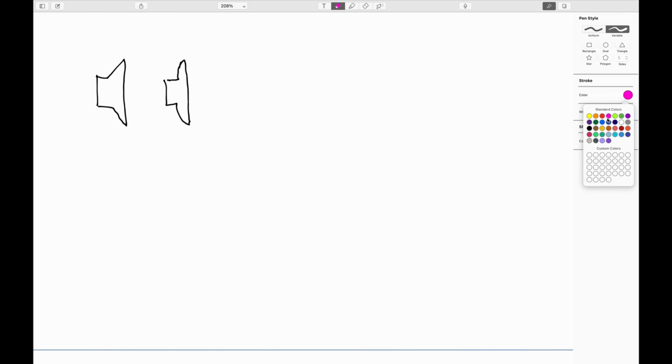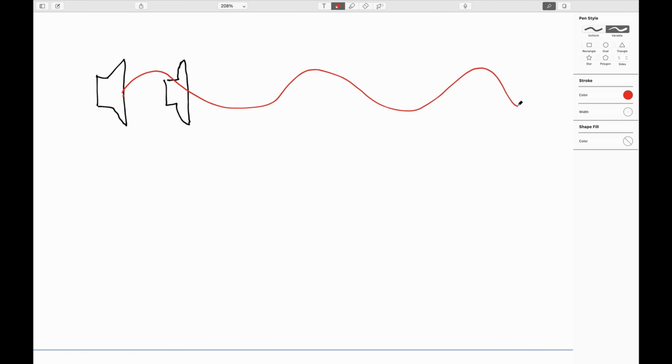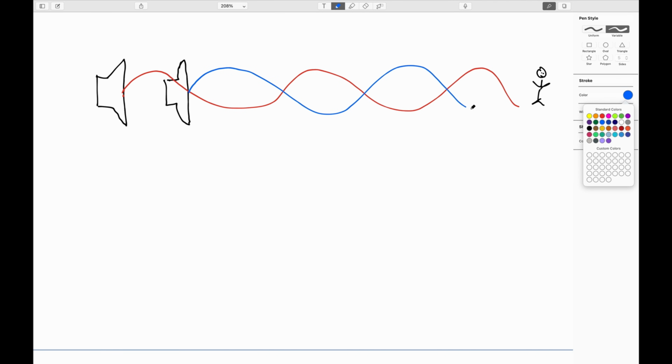So again, let's make this one here red, looking something like that. And let's go ahead and make this one blue. So you see here, I always have crest meeting trough, and so they'll always cancel out, and I will end up with destructive interference.